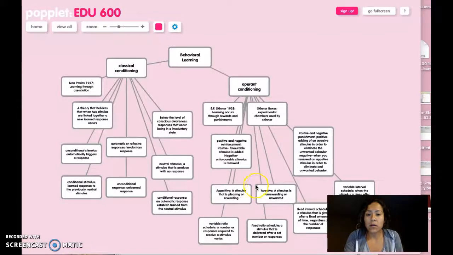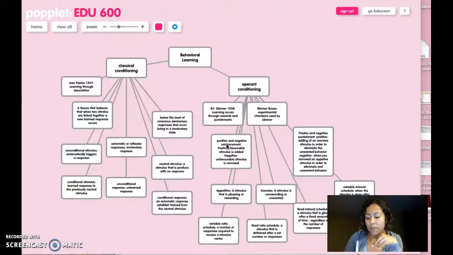So now I'm going to go back to positive and negative reinforcement. The reading did mention that a lot of us tend to confuse positive and negative reinforcement and punishment because we see positive and negative and think, oh, this one's positive, this one's negative.